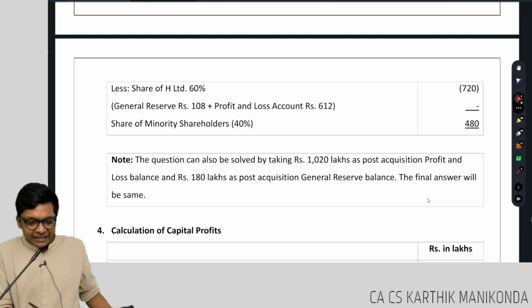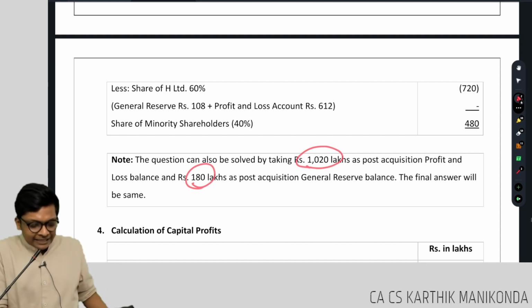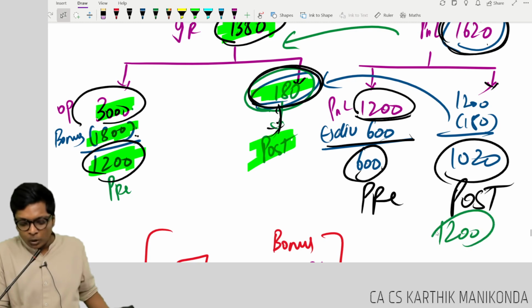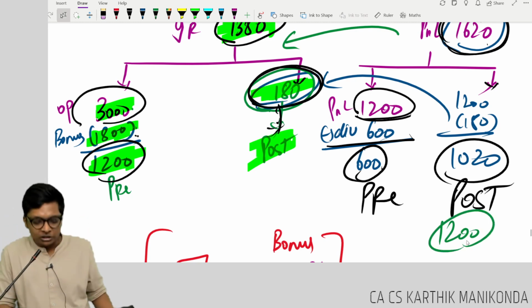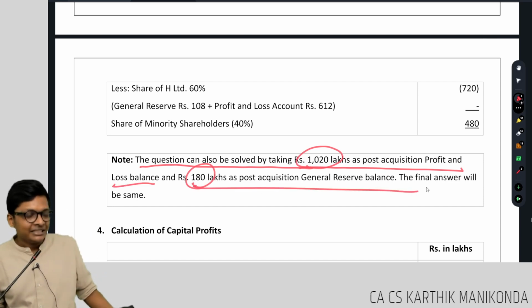We are taking 1020 as post acquisition and 180 as post general reserve. They did not solve like this. What they did, they solved full 1200 as post. The question can also be solved by taking 1020 as post acquisition P&L and 180 as post acquisition general reserve.